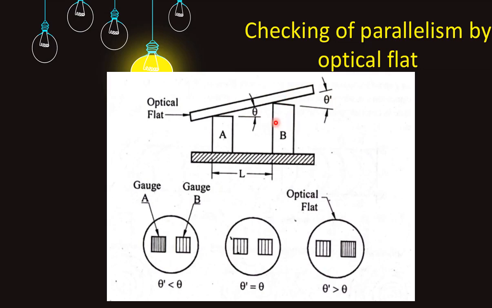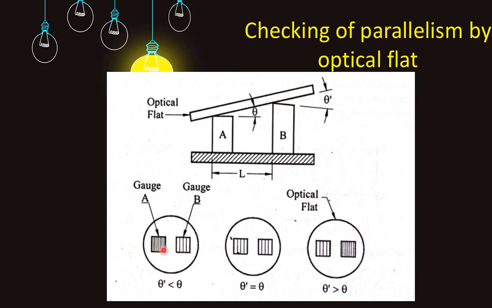In case the surfaces are not parallel, the angle formed by the surfaces of the two gauges with the optical flat will be different. Let the angles be theta and theta dash. If the width of the gauge block L is the same for both, then the number of fringes per unit width will be different. These possibilities have been shown in the figure below.